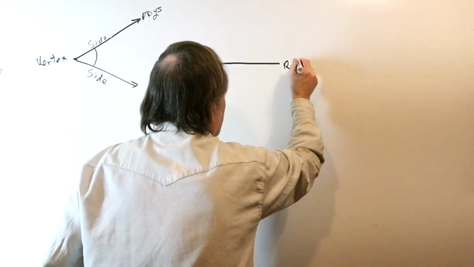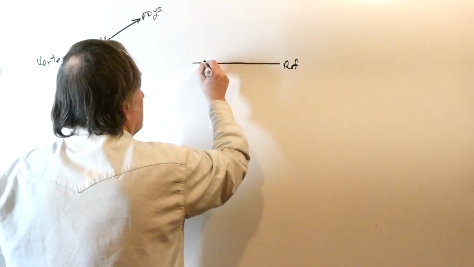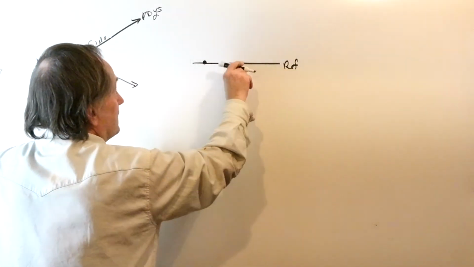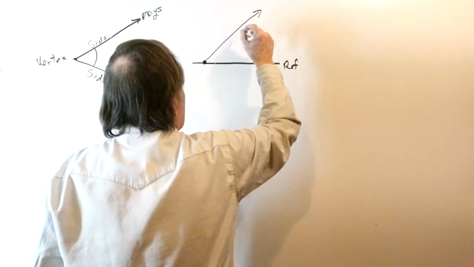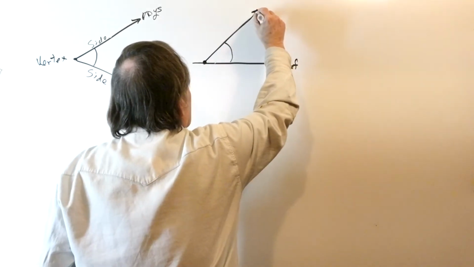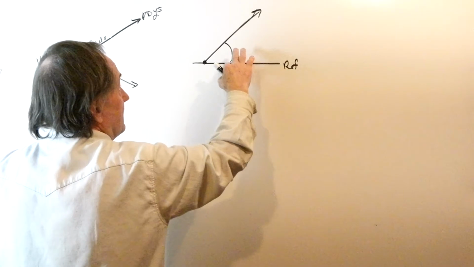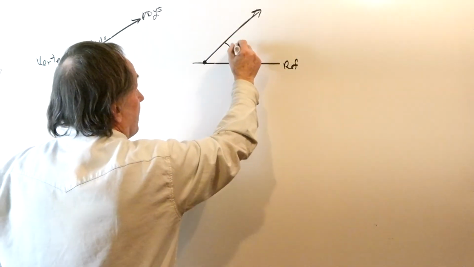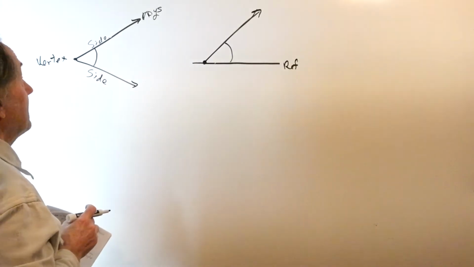So if we have a reference line and we pick a point and we start with our ray and we sweep it, then the so-called distance that is between the two sides defines the angular measure of the angle.